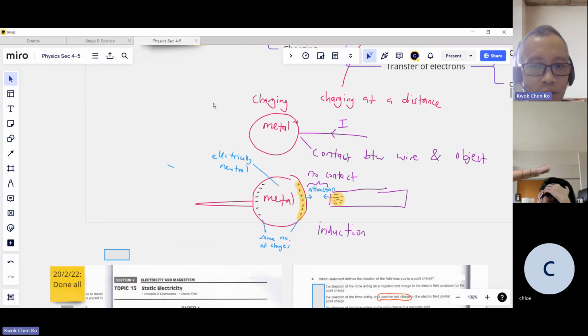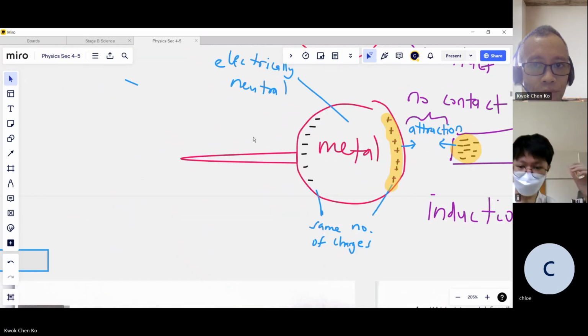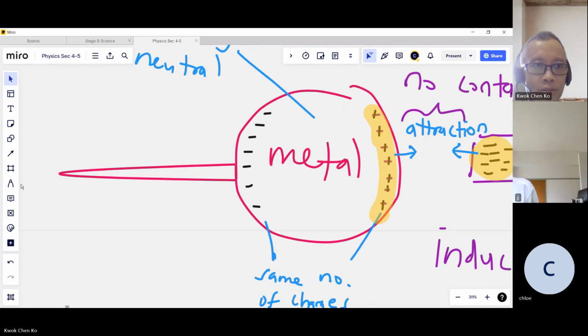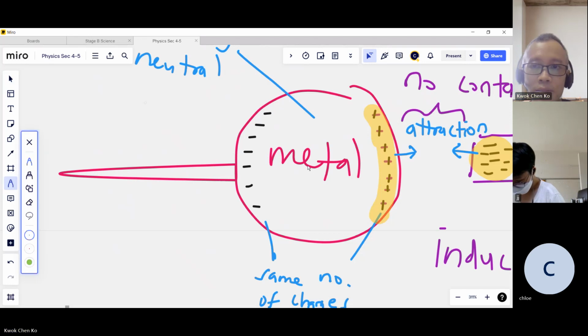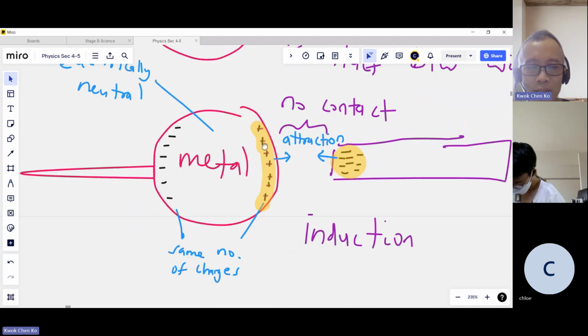Okay, just one last thing. Never mind, I'll just draw it straight there.